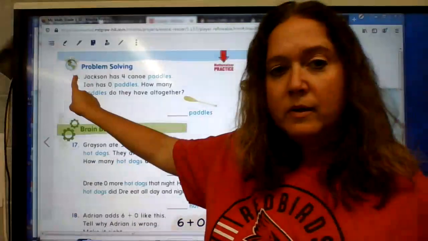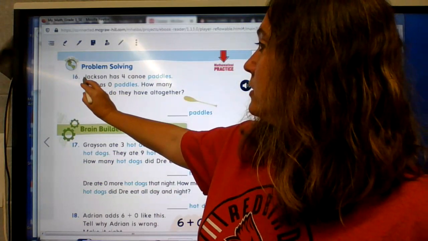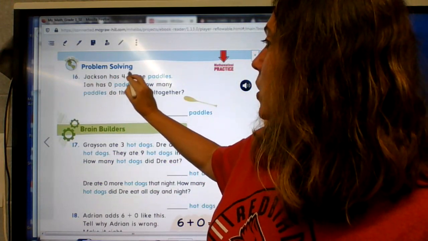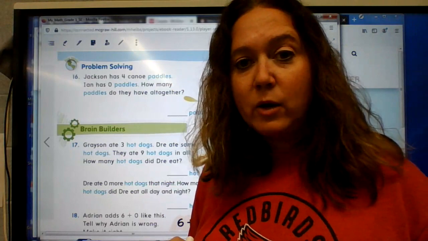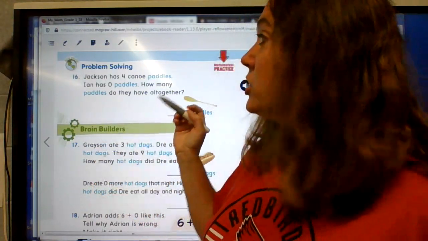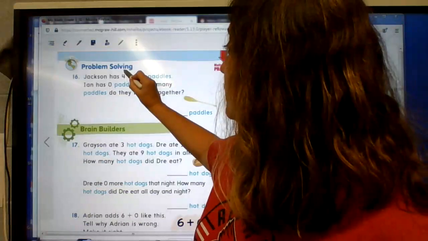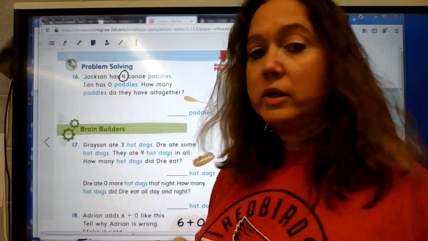Okay. We're going to do these problems together. Jackson has 4 canoe paddles. I want you to circle. When we do story problems, this is called a story problem, circle the numbers to help you remember the numbers. So Jackson has 4 canoe paddles.